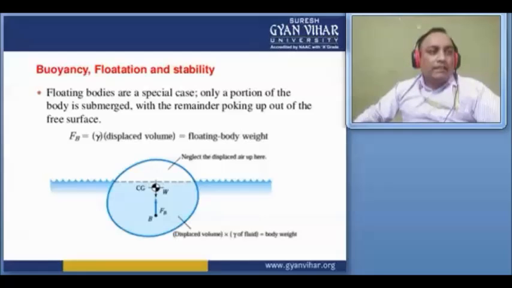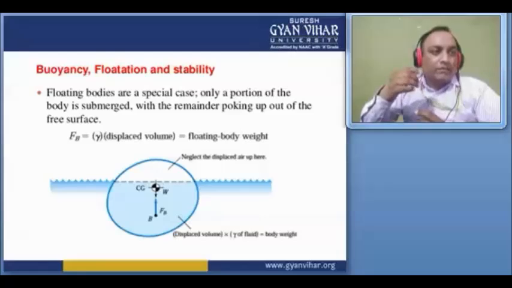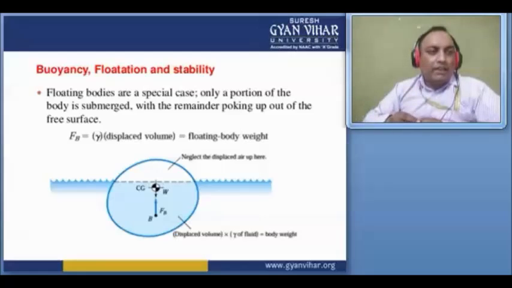The metacenter may also be defined as the point where the line of action of the buoyancy will meet the normal axis of the body when the body is given a small angular displacement, right? This is the metacenter.